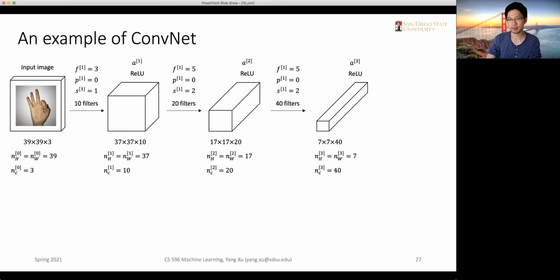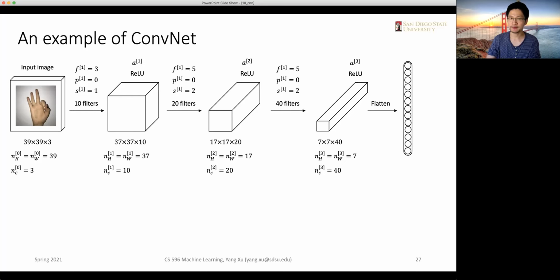Then we applied another ReLU, which gives us A3. At this step, we think that the intermediate activations are small enough. In shape, there are very few elements now. It's just 7 by 7 by 40 elements.